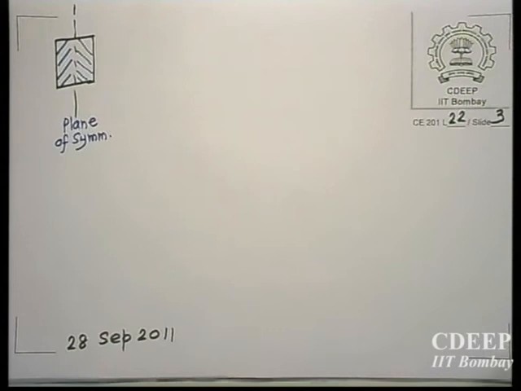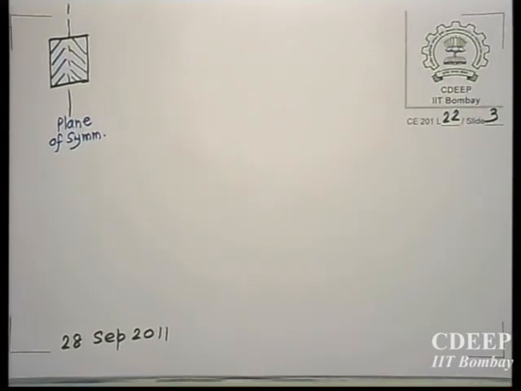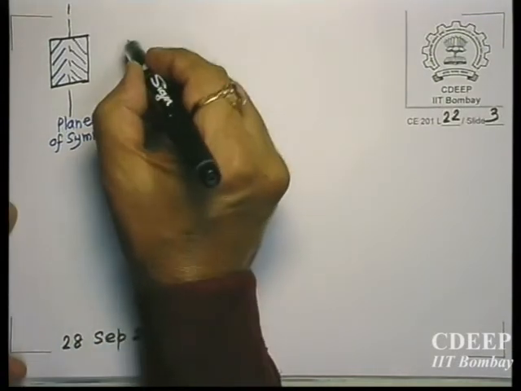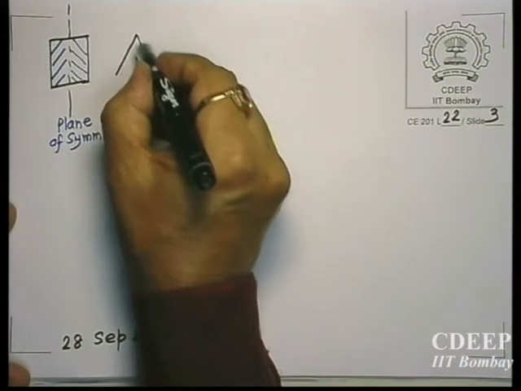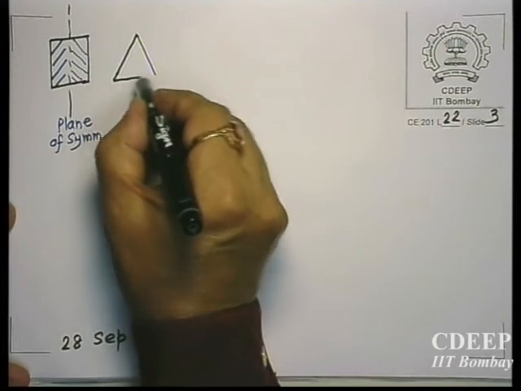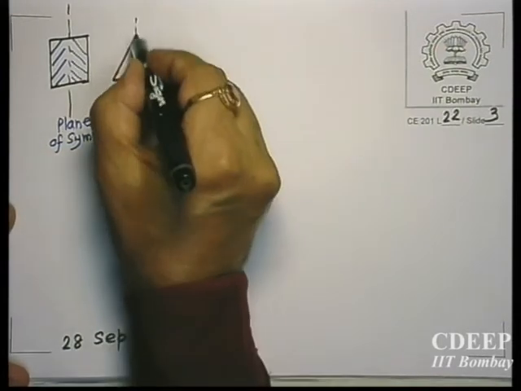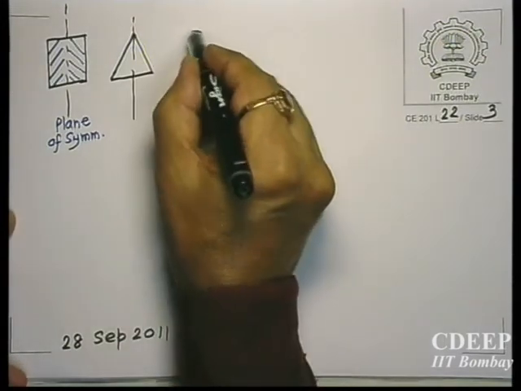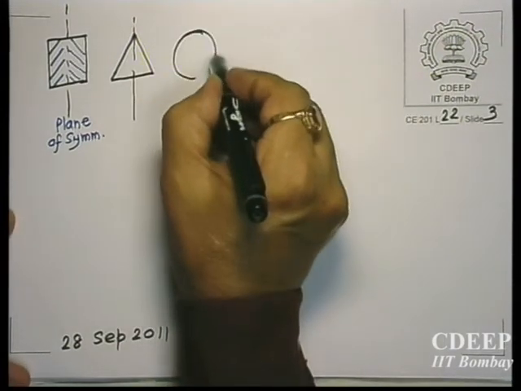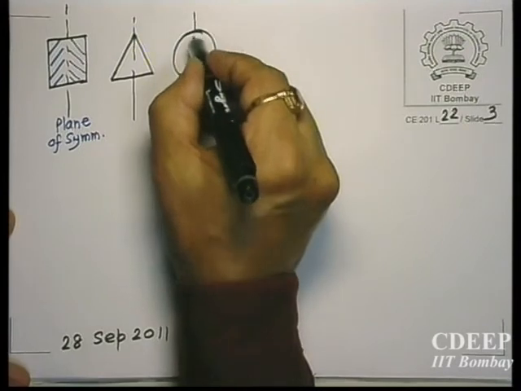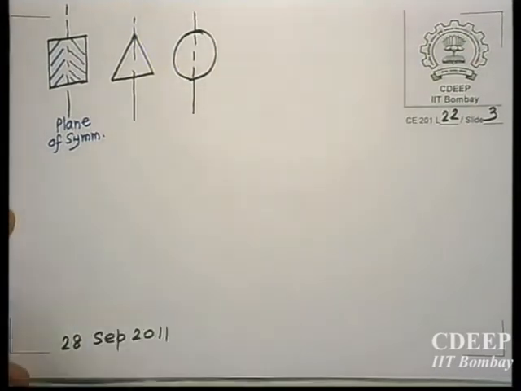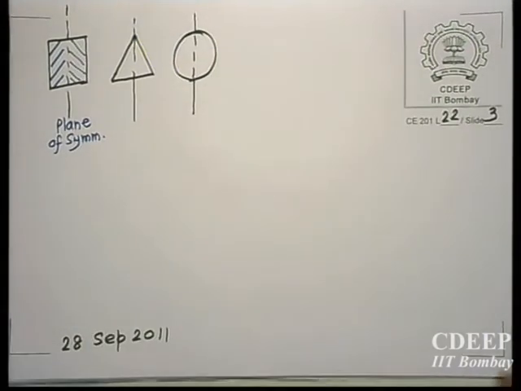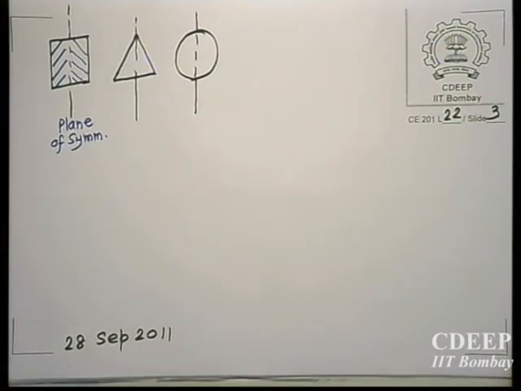So we are talking of bending of those beams which have cross sections with a vertical plane of symmetry. So a triangle is okay. This again has a plane of symmetry. A circular cross section is okay because this also has a plane of symmetry, and loads are all applied in the plane of symmetry so that there is no twist.